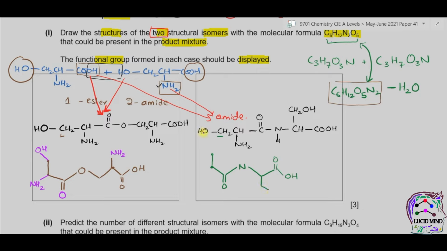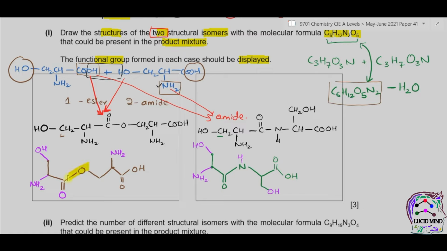Now we can write the remaining substituents. On first CH2 we have OH group. On second CH we have NH2. Third is carbonyl, fourth is nitrogen, and with nitrogen we have one hydrogen atom. Then we have CH, CH2, OH and COOH.